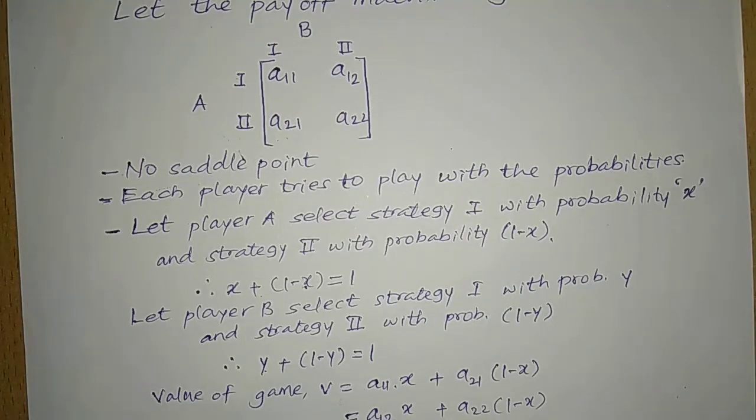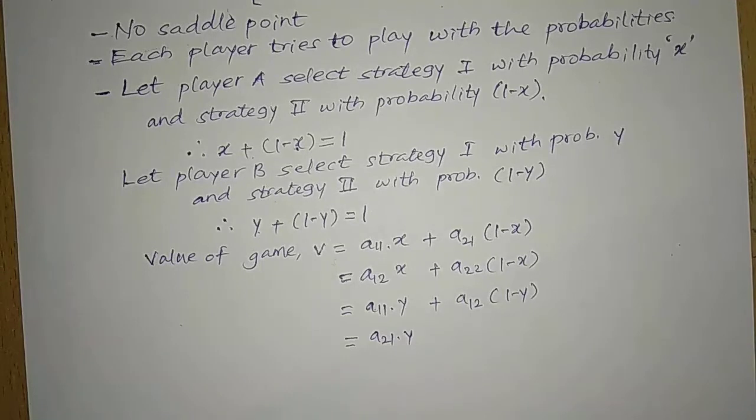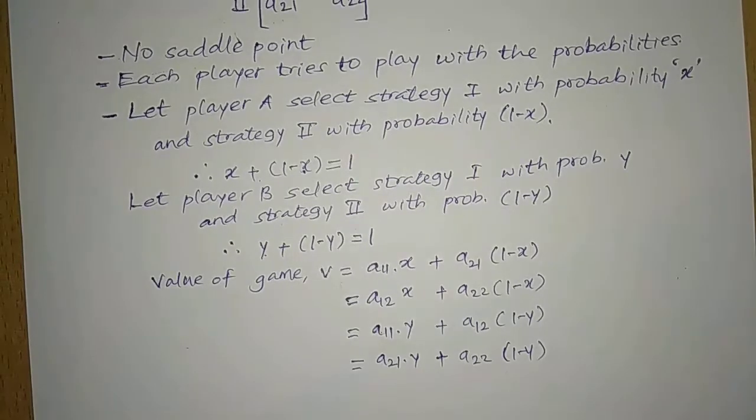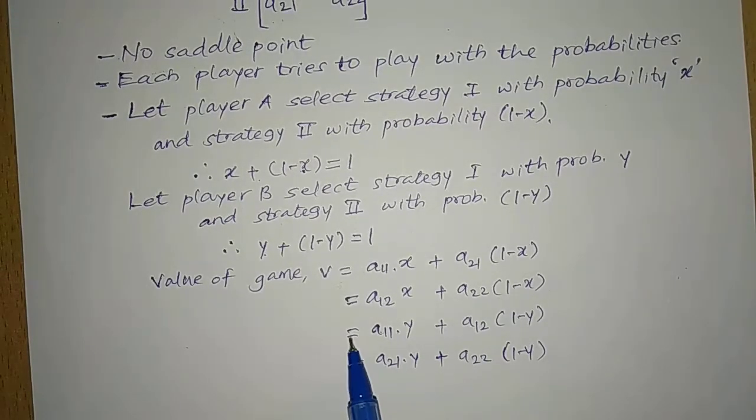Or if player B uses strategy 2 throughout, then the outcome or value of game will be a21 y plus a22 into 1 minus y. So these are the ways we can find out the value of game.